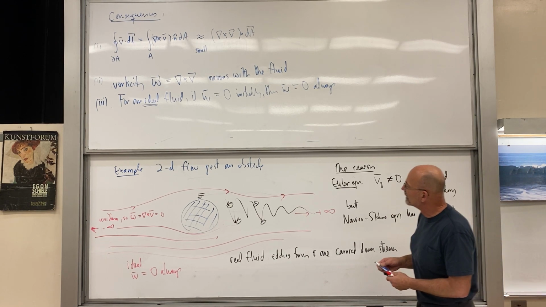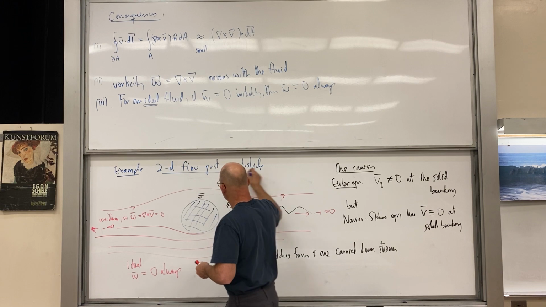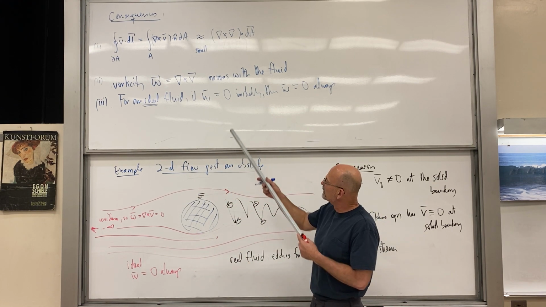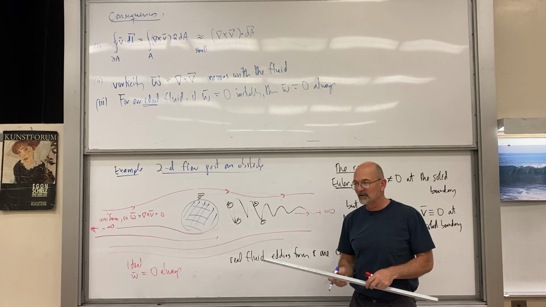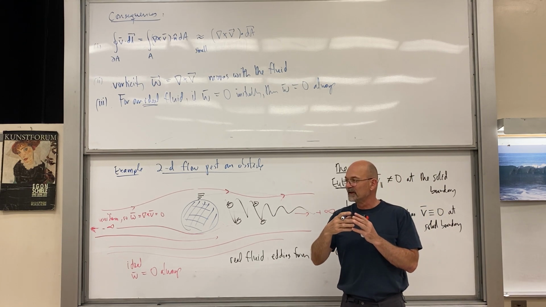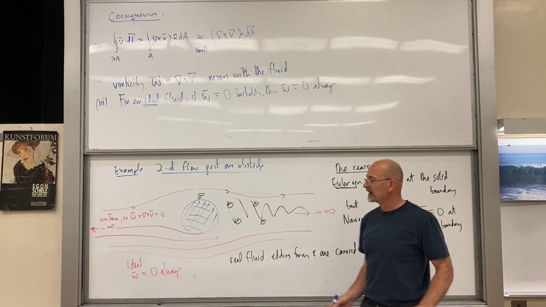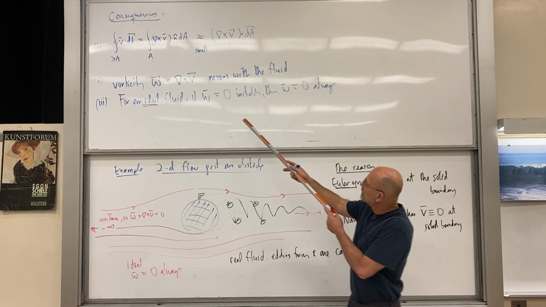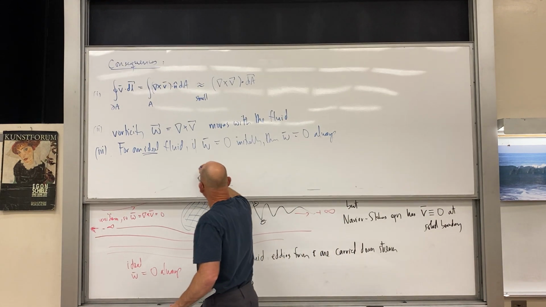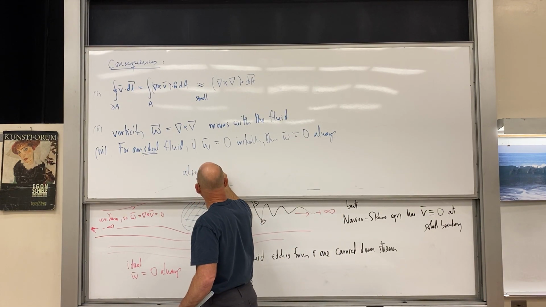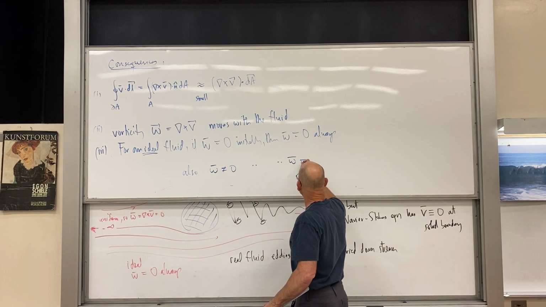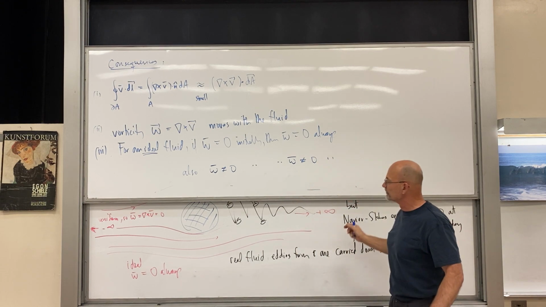But in the bulk, so away from this surface, you will have this conservation of circulation and interesting vortex phenomena and eddies as they just propagate through the bulk of a fluid. But this is interesting as well, right? Also, omega not equal to 0 initially, then omega not equal to 0 always, okay?